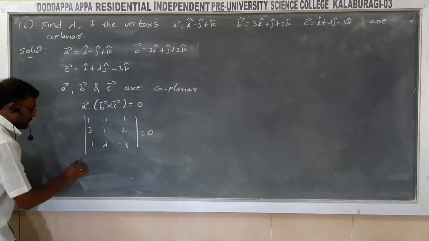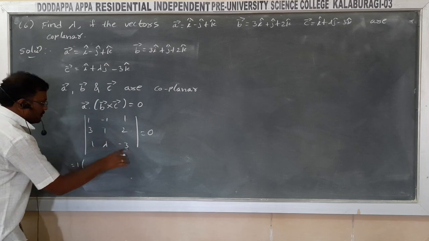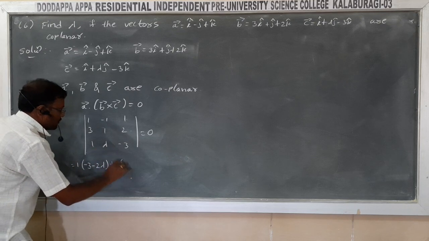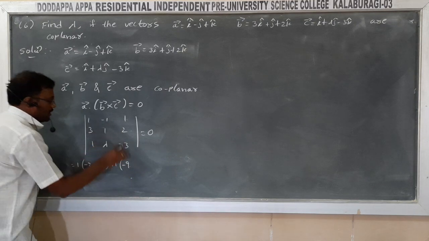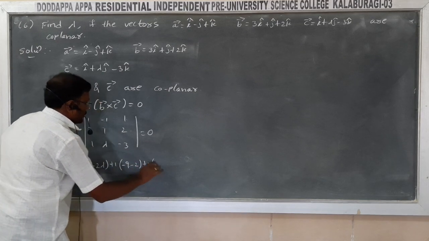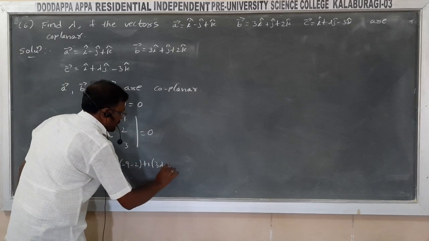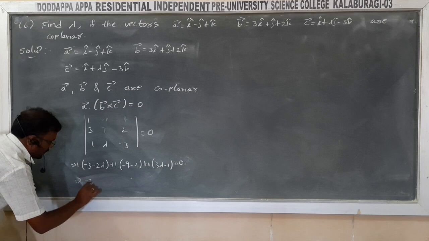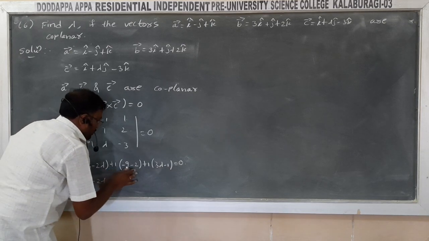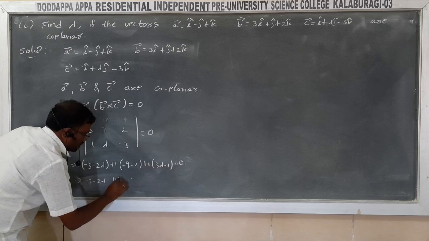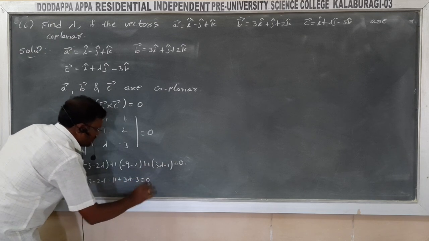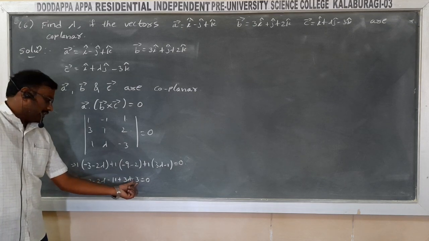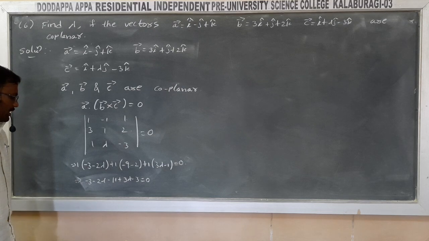Okay, now you can expand 1 of minus 3 minus 2 lambda plus 1 of minus 9 minus 2 plus 1 of 3 lambda minus 1 equal to 0. Now you can simplify minus 3 minus 2 lambda minus 11 plus 3 lambda minus 3 equal to 0. Now you can simplify minus 3 minus 3 minus 6, minus 6 minus 11.